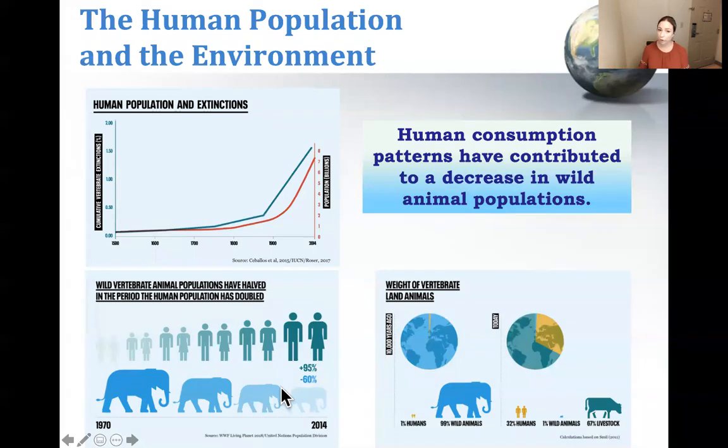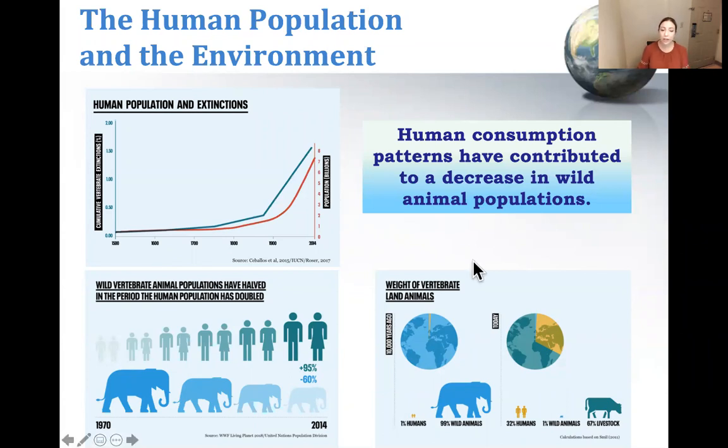Increased by 100% almost. Whereas animal populations have been cut almost in half. It says 60%, but it's actually closer to 50%. So human population doubles, wild animal populations have gone down by 50%.